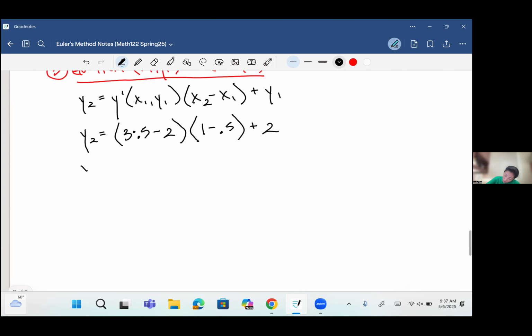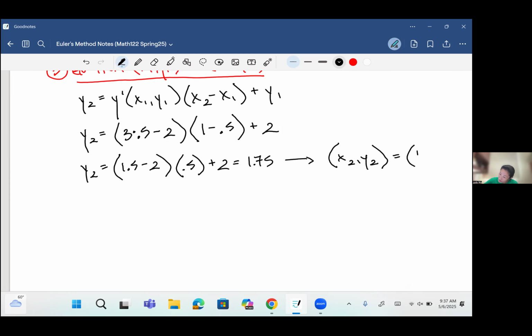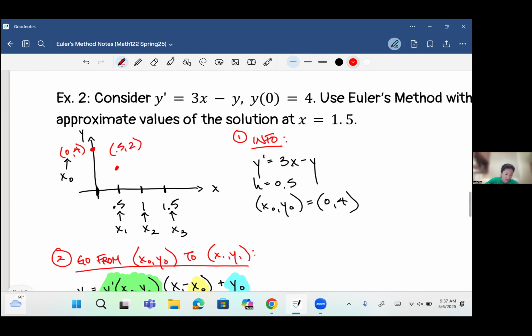So we've got y2 equals, let's see, 1.5 minus 2 times 0.5 plus 2, and that gives us 1.75. And what this means is that x2, y2 is 1, comma 1.75. All right, so let's throw that back on our graph. 1 and then 1.75. So 1 comma 1.75. That's our new approximate.